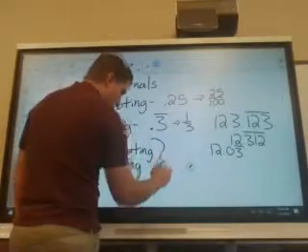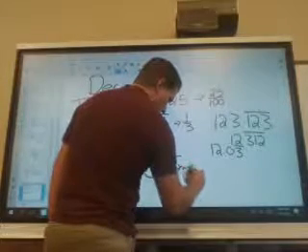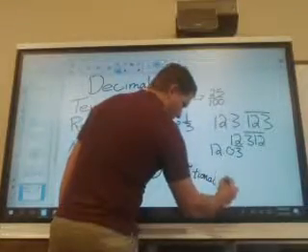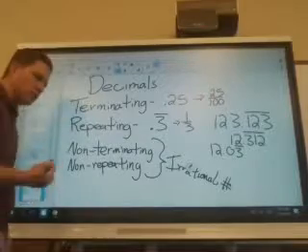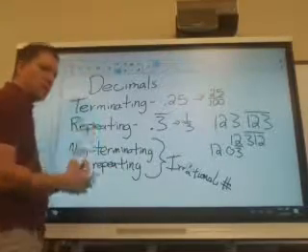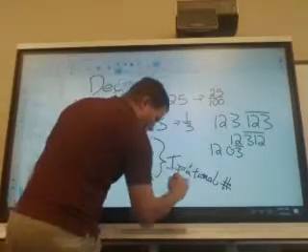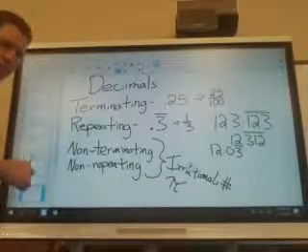So if it doesn't do either one of them, then it's an irrational number. Now these are hard to actually write. That's why we do some kind of symbolic representation, like pi. Pi is an irrational number.